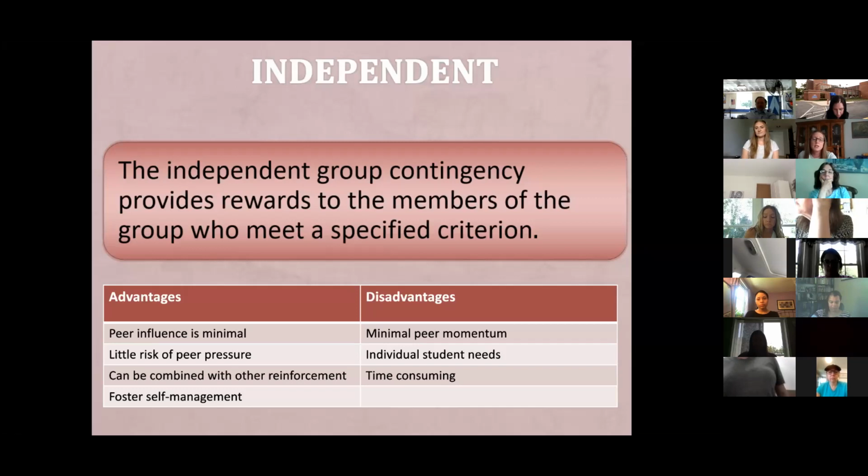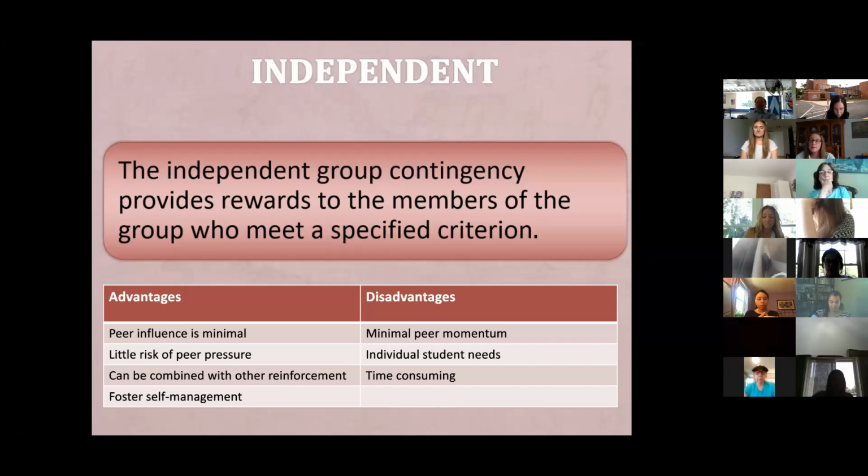Some disadvantages of independent group contingency is there's minimum peer momentum to support the other peers in class. So you're not working together as a team to help build up that behavior momentum to try to reach that reward that you're earning. It doesn't meet everyone's individual needs because you're doing it as a whole group.